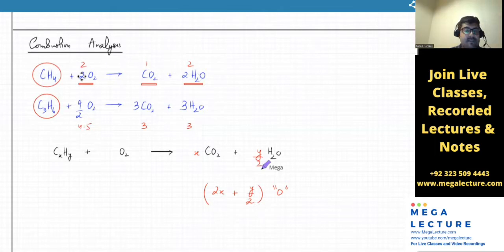That's half of that, that's 2, right? So if I have 2x plus y by 2 oxygens over here, the number would be half of this. So this is going to come out to be x plus y by 4. If I multiply this by half, this becomes x and this becomes y by 4. Is that clear? Yes.